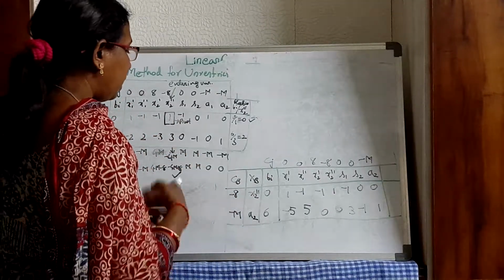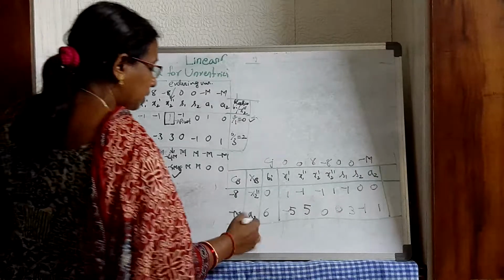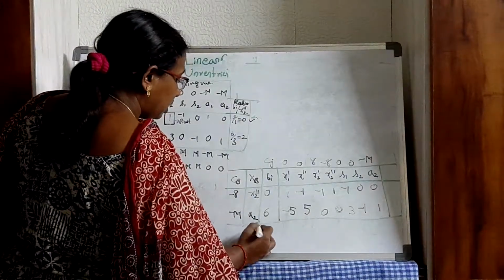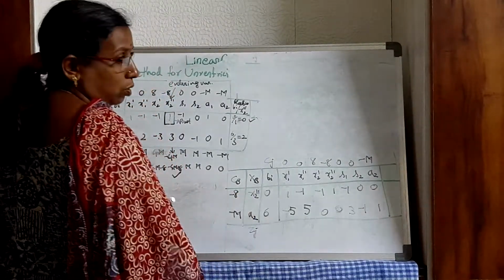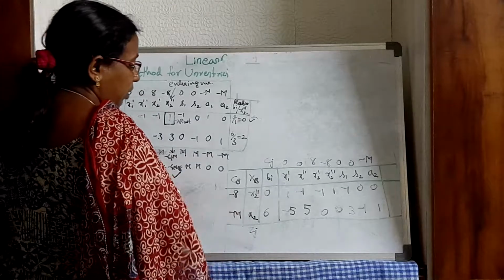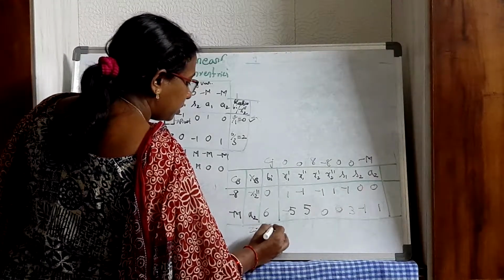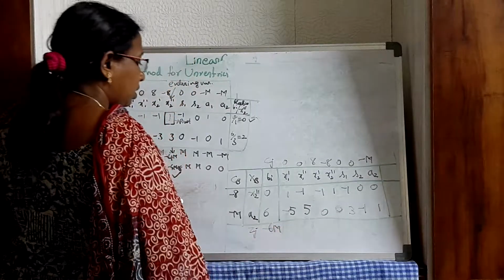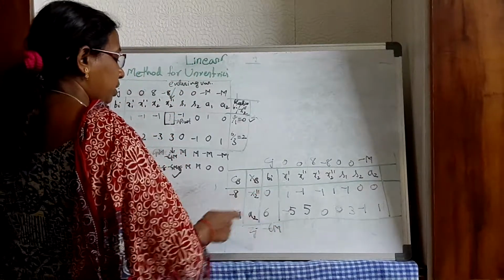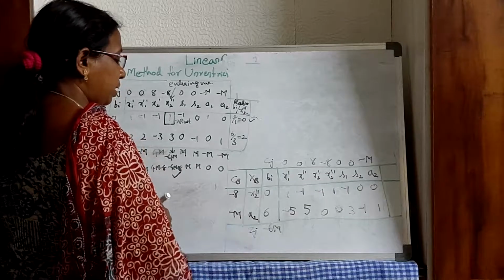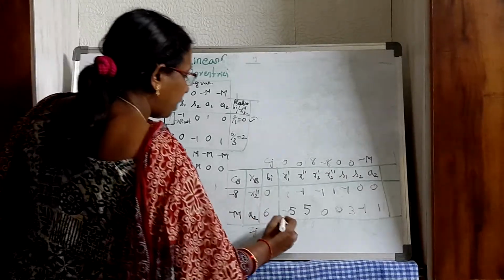Now you calculate Zj. Zj will be minus 8 into 0, which is 0. Minus m into 6 will be minus 6m. Okay, minus 8 into 1 plus minus m into minus 5. So you will get 5m minus 8.